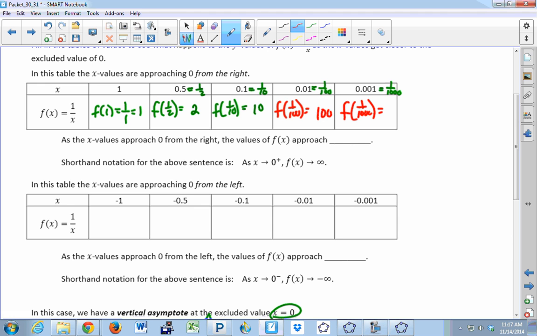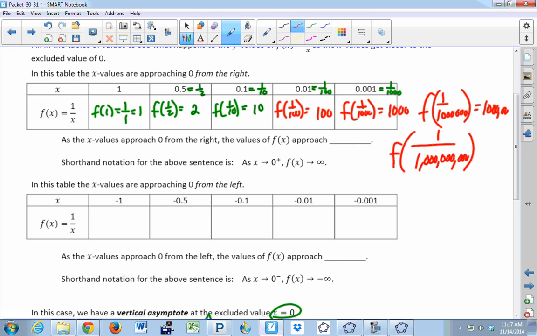What's the value of my function? 1,000. And what if I'm 1/1,000,000th to the right of 0? What's the value of my function? 1,000,000. What if I'm 1/1,000,000th to the right of my 0? What's the value of my function?